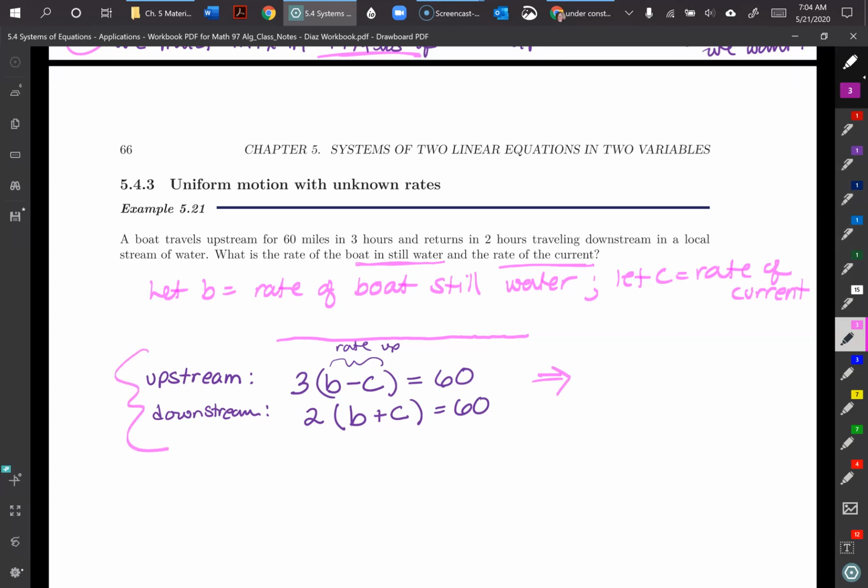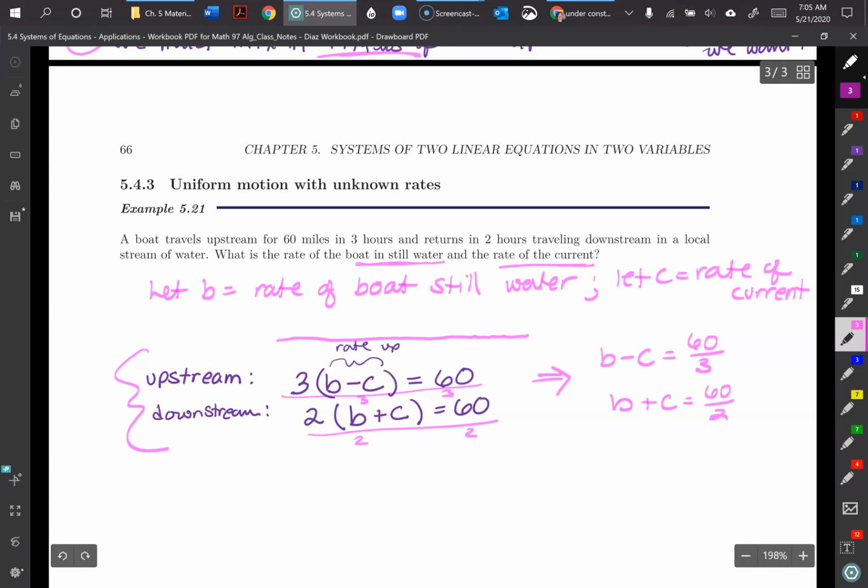So I'm going to write this as B minus C equals 60 over 3. What I'm doing is taking the whole thing and dividing both sides by 3. And here I'm going to divide the whole thing by 2. So then I'll get B plus C equals 60 over 2.